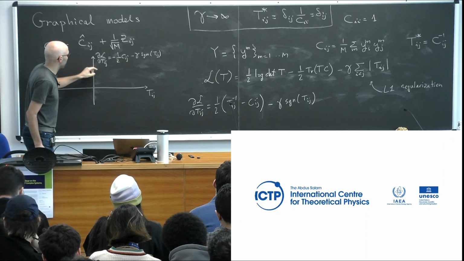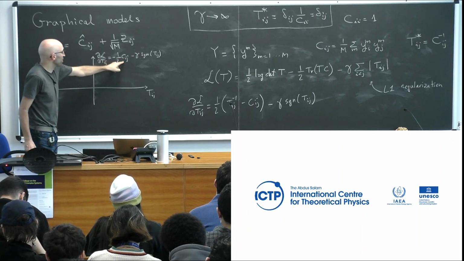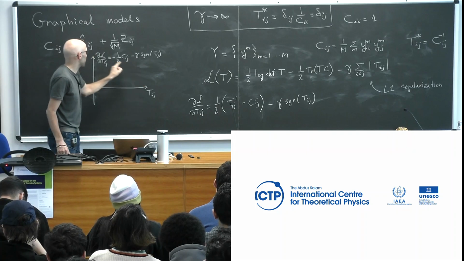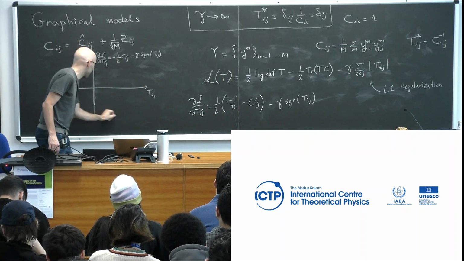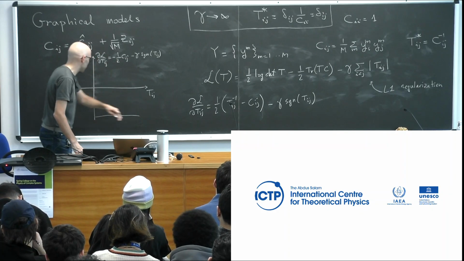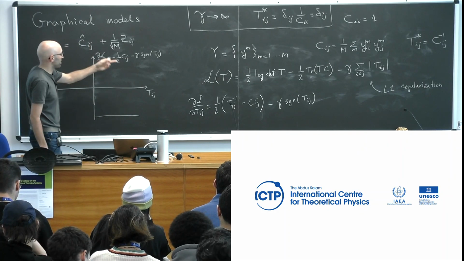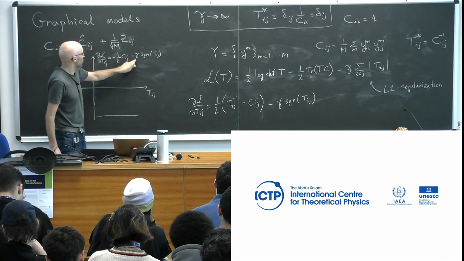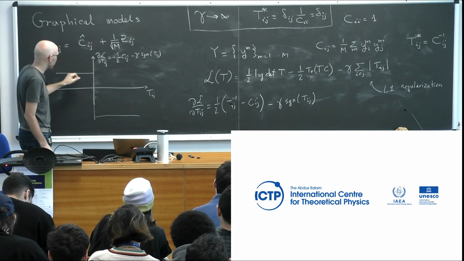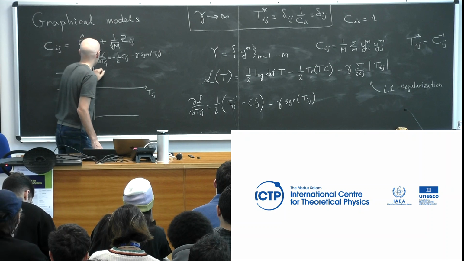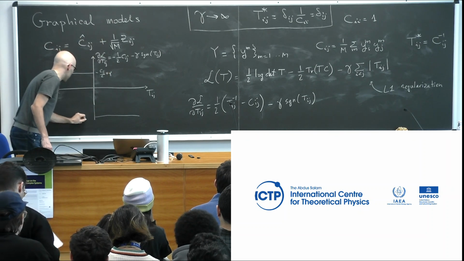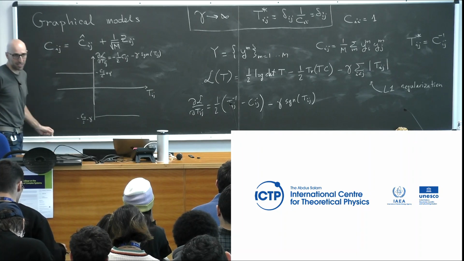So you get something like, for example, if c is positive, when t is positive, you get minus gamma minus something positive. So you get something like this, and this is for small t. Then it can be nonlinear. And when t is negative, you get plus gamma minus something. So this will be minus c over 2 plus gamma, and this will be minus c over 2 minus gamma, right?